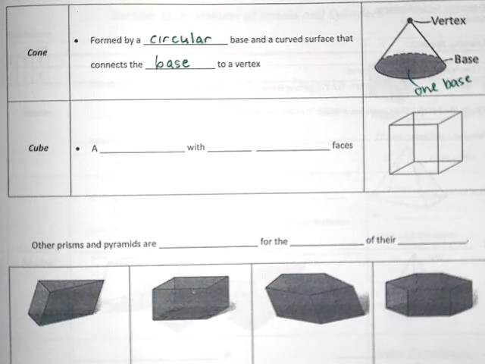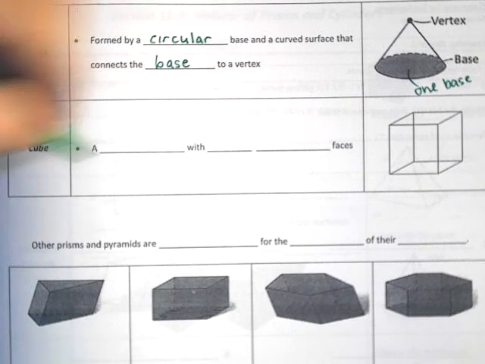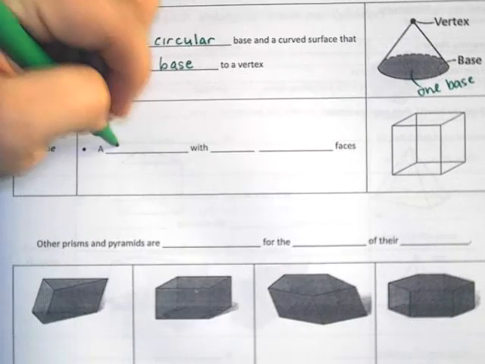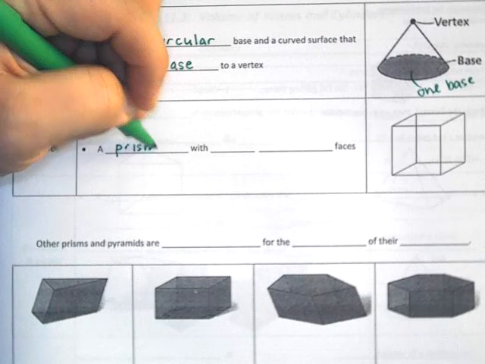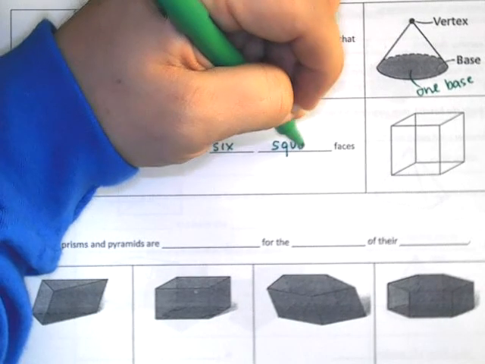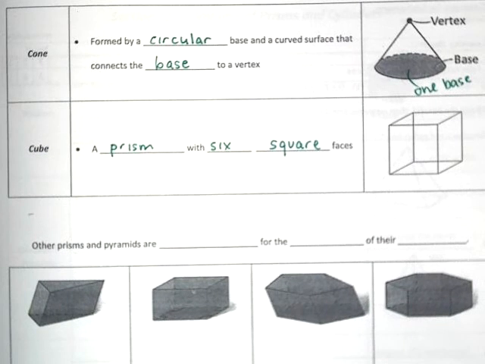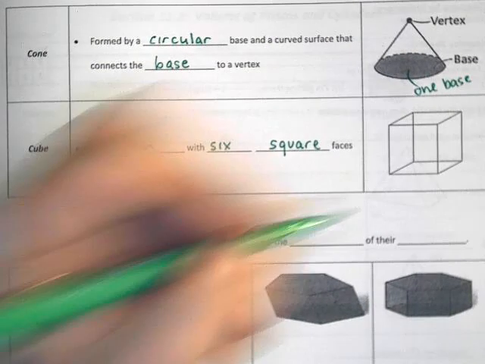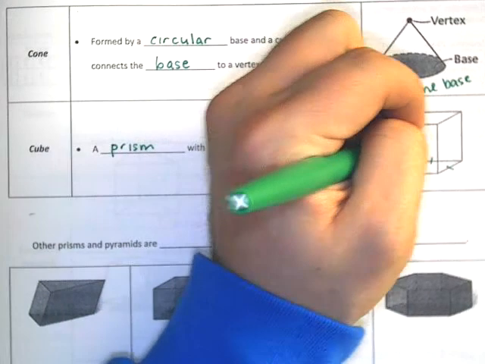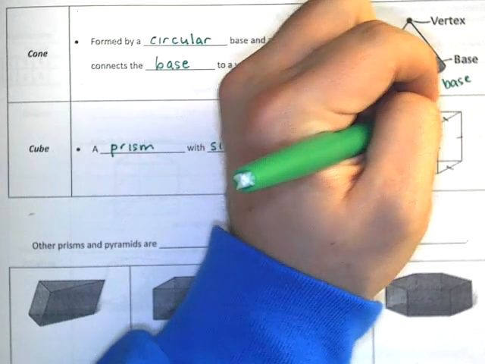The last shape that we're really going to focus on is a cube. A cube is really just a very specific prism. A cube is a prism with 6 square faces. If you notice, all of these edges are congruent. I could make tick marks on every single one of these sides.